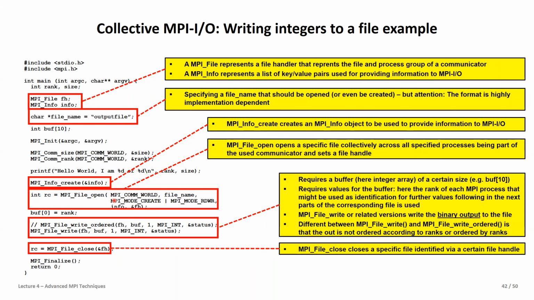Here you think about the broadcast and reduce operations. You see the MPI file open is in a way very similar to these collective operations, specifying a communicator. I don't want to have a single destination or source anymore where I read and write files. Then I have a file name. I say create it, and the mode I want to access it in, and then I get a file handle back.